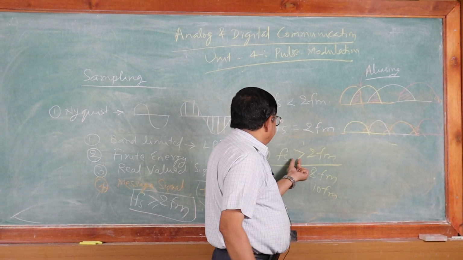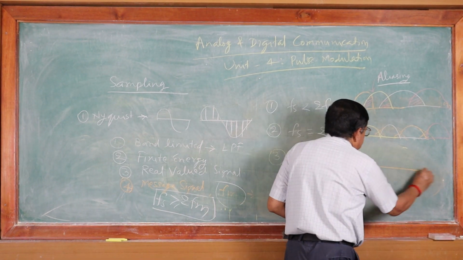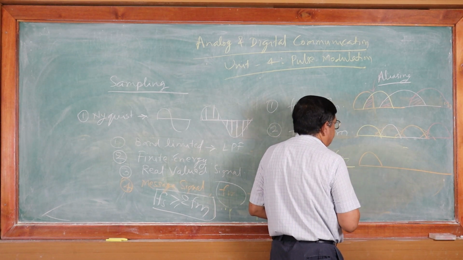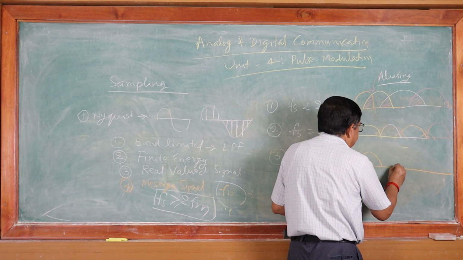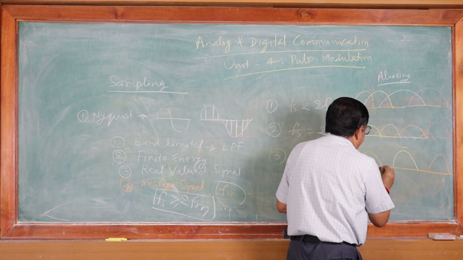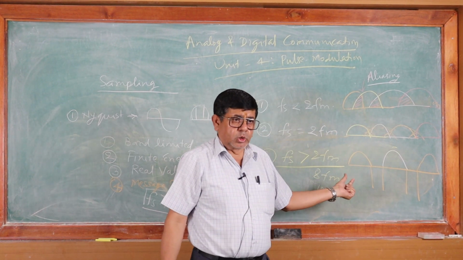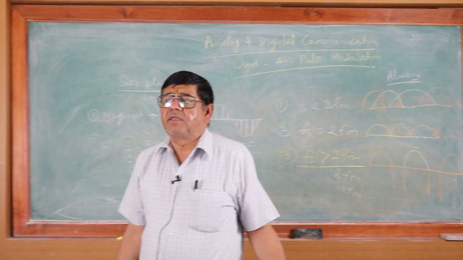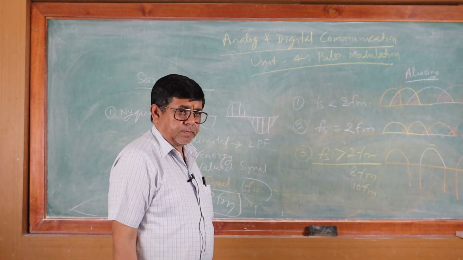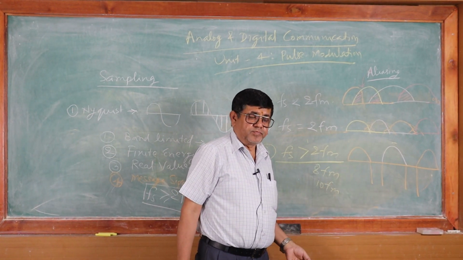So if we are sampling at greater than the Nyquist rate, what will be the response? Look, this is one signal, this is another signal, and this is a third signal, and there is a gap. There is a gap, just like a divider on your road, which will avoid interference. So we should always do sampling at greater than the Nyquist rate.